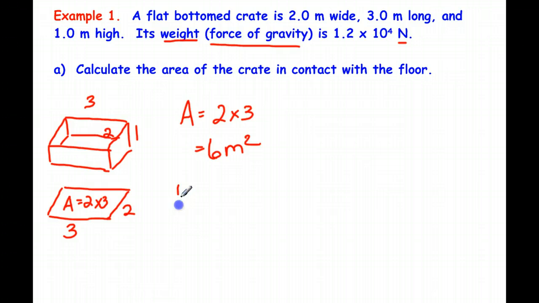And we know what our force is because they told us that it's resting on the floor with a force of 1.2 times 10 to the 4 newtons. So now we can calculate the pressure, which I believe is the next question. Yes. So let's use that, 1.2 times 10 to the 4 and 6 meters squared.